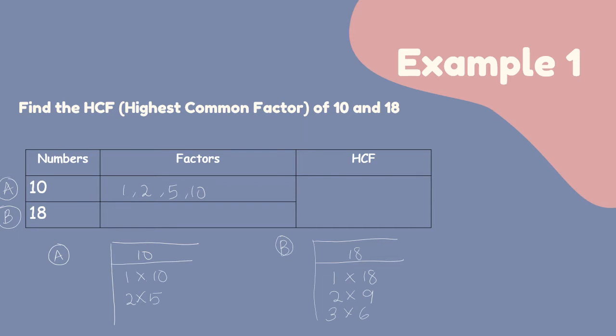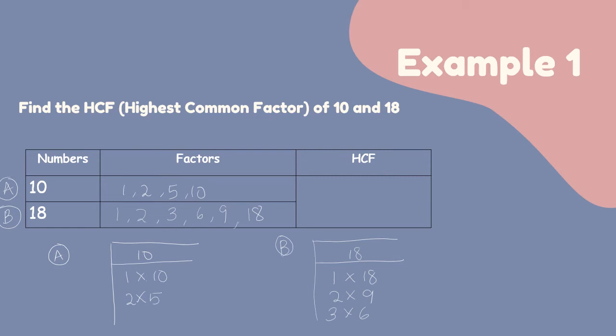Can you think of any other numbers when you multiply them together gives 18? I think that's it so far. So the factors of 18 are 1, 2, 3, 6, 9, and 18. Please bear in mind that it is much easier for you to list out the numbers from smallest to biggest, and then you can pick the highest common factor later on.